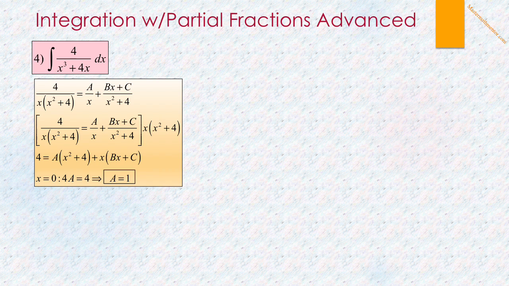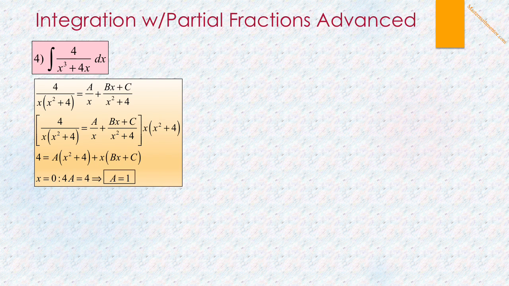Number 4, the integral of 4/(x³ + 4x) dx, we throw a twist. Obviously, u substitution will not work, and our normal partial fractions techniques will not work because the denominator factors into x(x² + 4), and we need to have linear factors in order to use the Heaviside method.